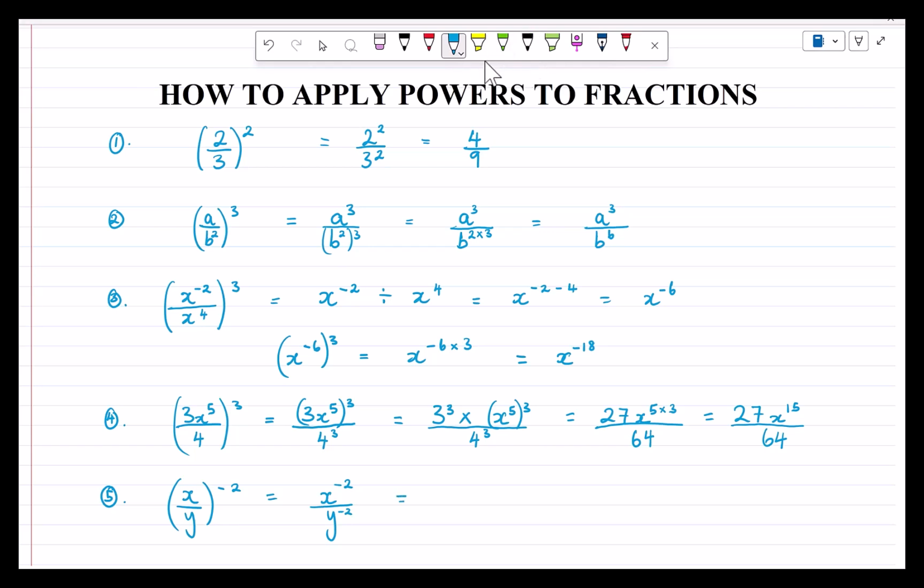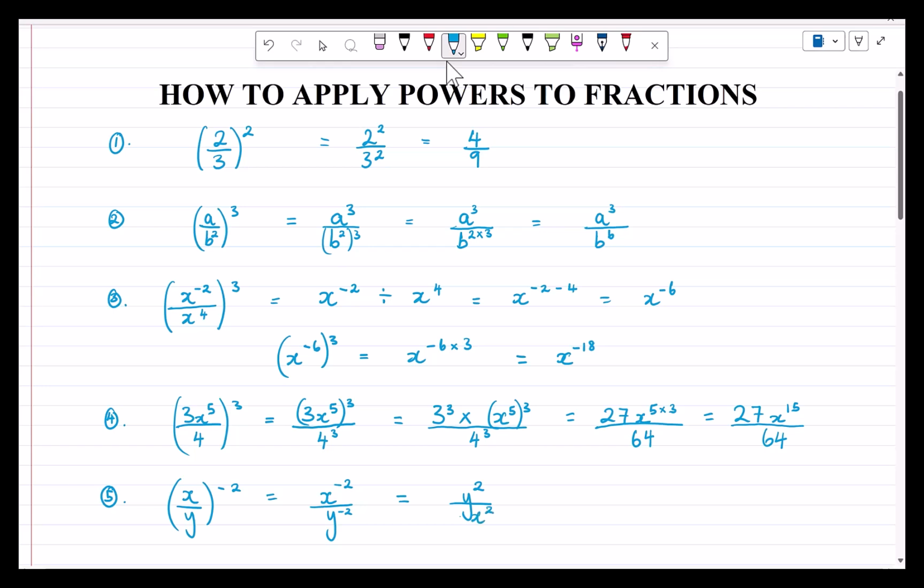We are going to flip this because we want the reciprocal. So we're going to flip the fraction such that the y is on top and the x goes to the bottom, and by so doing, we also change the sign of the powers to positive. Hence our answer would be y to the power of 2 over x to the power of 2.